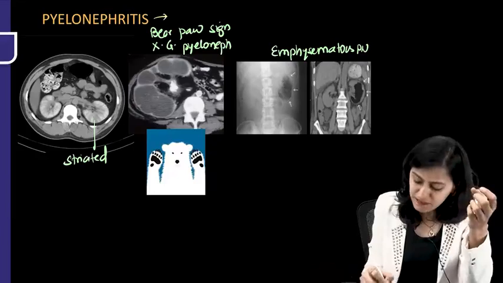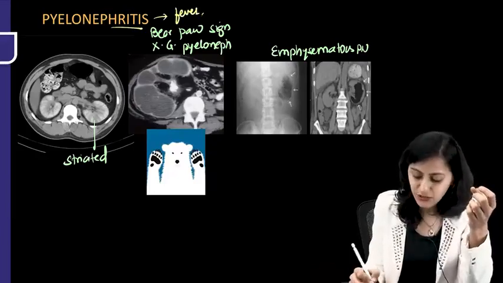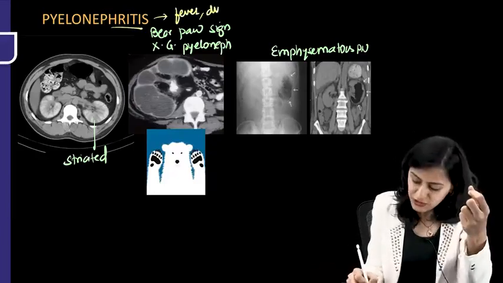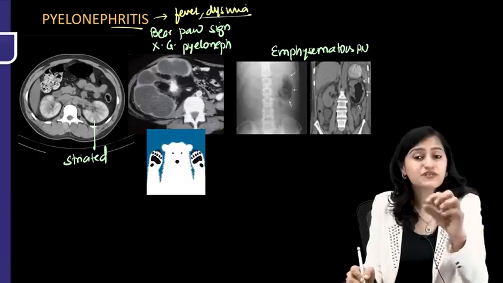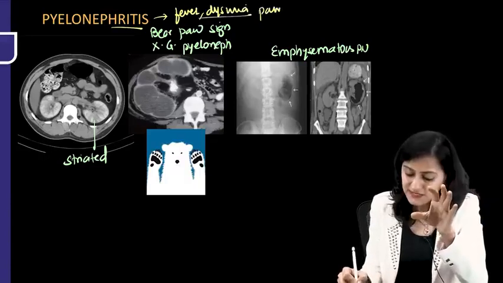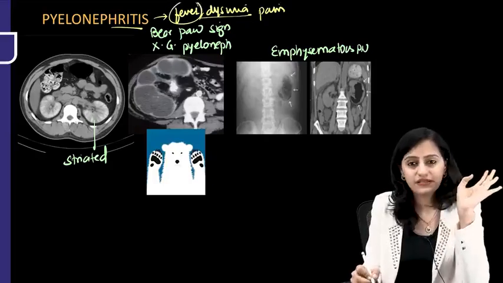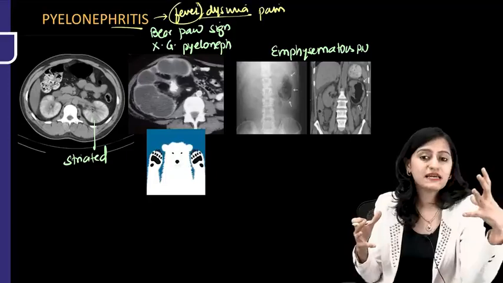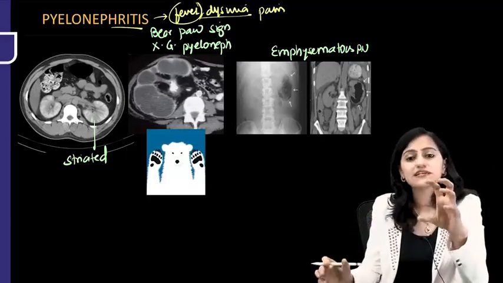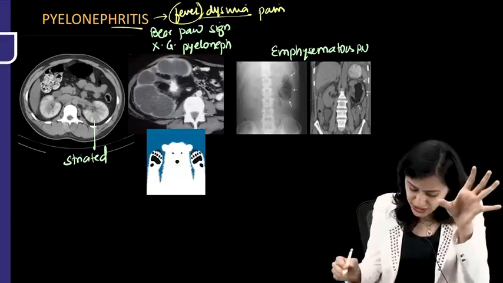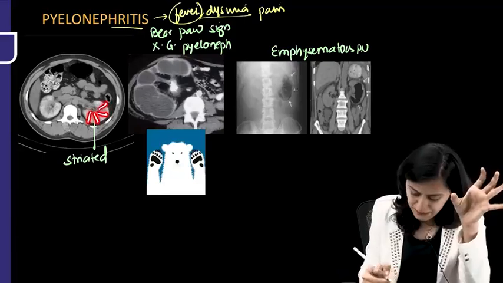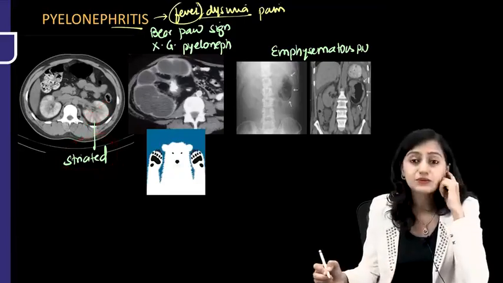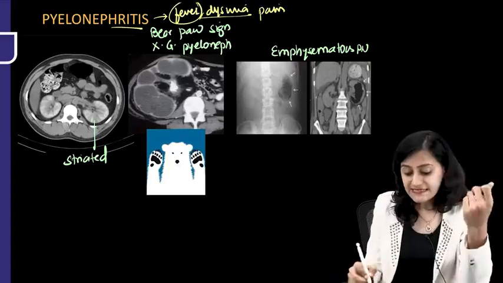Pyelonephritis. Now remember the history in pyelonephritis, inflammation: there's going to be fever, there's going to be dysuria, there can be hematuria. So fever and pain, the loin pain history is important. Fever is important there. Now in acute pyelonephritis, the kidney will be enlarged. Chronic pyelonephritis, the kidney would be shrunken. So enlarged kidney with this striated appearance is what we see in acute pyelonephritis.